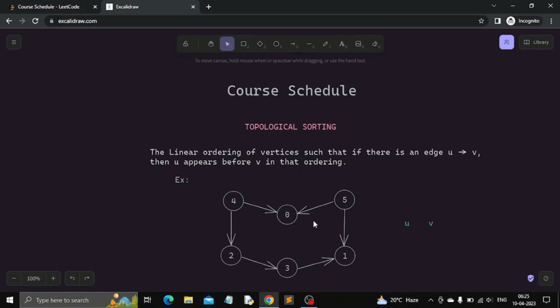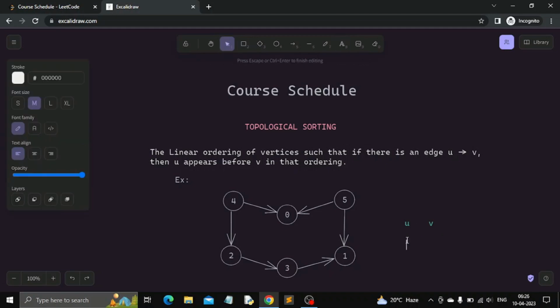Okay, so what we are going to do is, if there is a directed edge from node u towards node v, we are going to write them down here. We have an edge from node with value 4 towards node with value 0, so 4 will be our u and 0 will be our v.